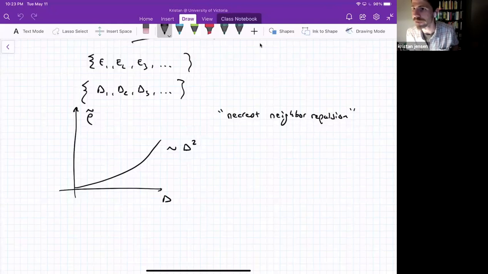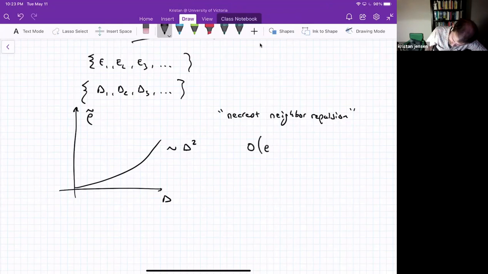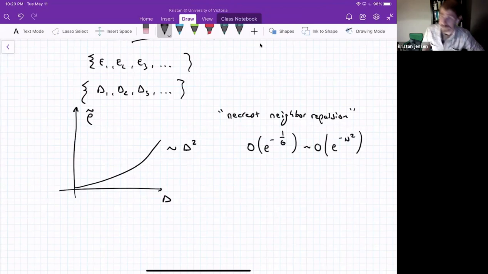This information is probably far too fine-grained to access in gravity, even in terms of a sum over topologies, because the extreme version of this, the smallest level spacing between adjacent levels, is again of order e to the -1/g Newton, or e to the -n², which is way too small. As a result, there's something that builds up that's a consequence ultimately of nearest neighbor repulsion, which is called long range repulsion.